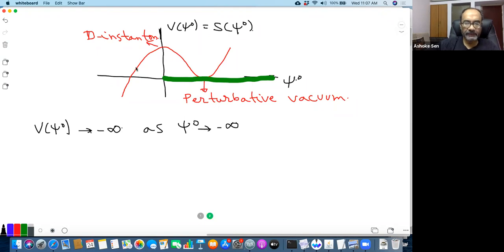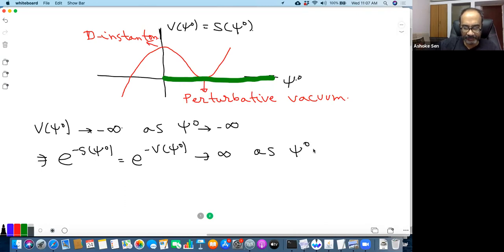In other words, the tachyon potential is unbounded on this side. This means that e to the minus S of psi 0, which in this case is e to the minus V of psi 0, goes to infinity as psi 0 goes to minus infinity. So we cannot get a consistent theory by taking the integration contour to be along the negative real axis, because the integrand will blow up as you go towards psi 0 equal to minus infinity. That's not a well-defined integral.